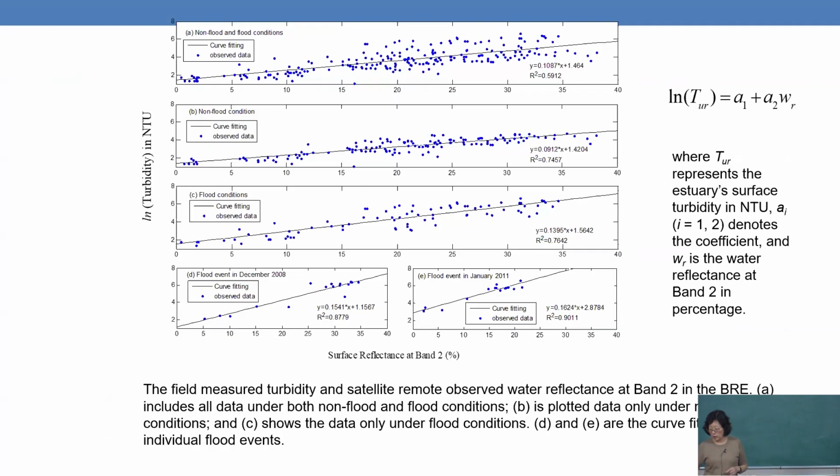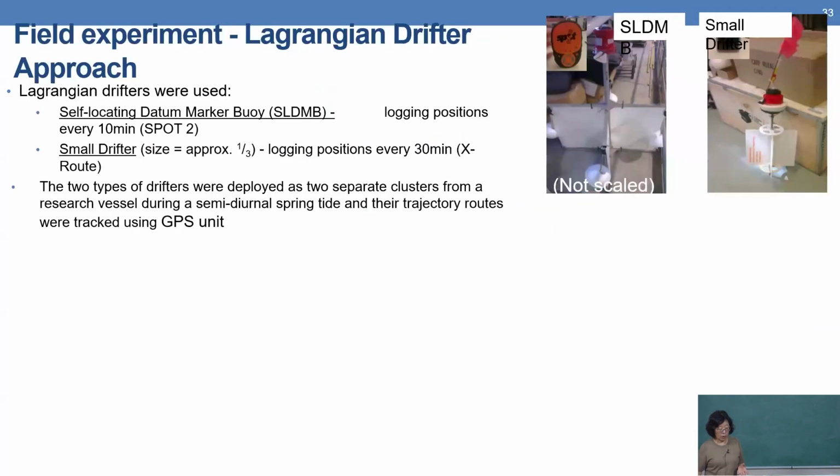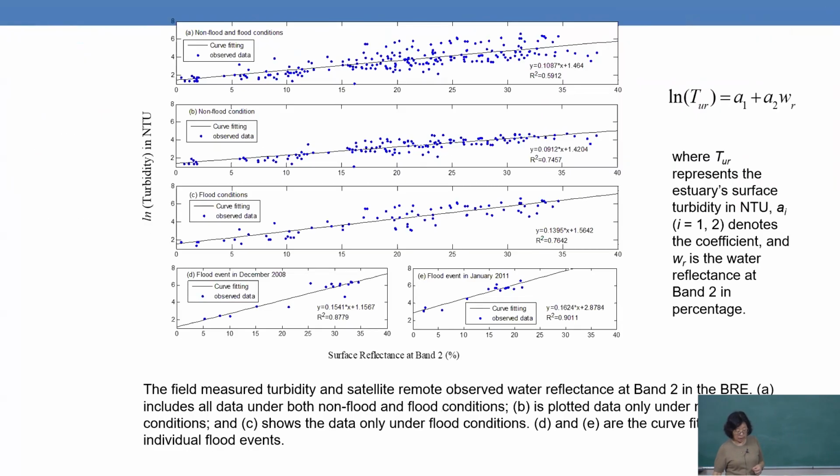Later, we used this model to generate the concentration of the sediment and use that as the input to the Bay Area modeling. So that's what we include in the model for our boundary. So that's for this one.